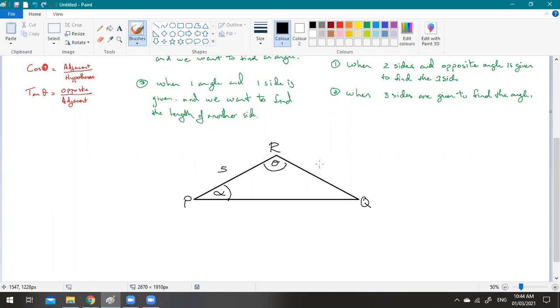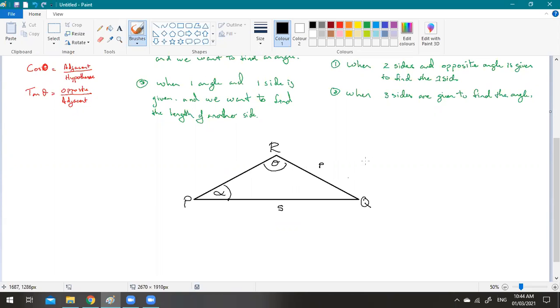They want us to find P. Sorry, I put this 5 on the wrong side. They have to be opposite the angles.